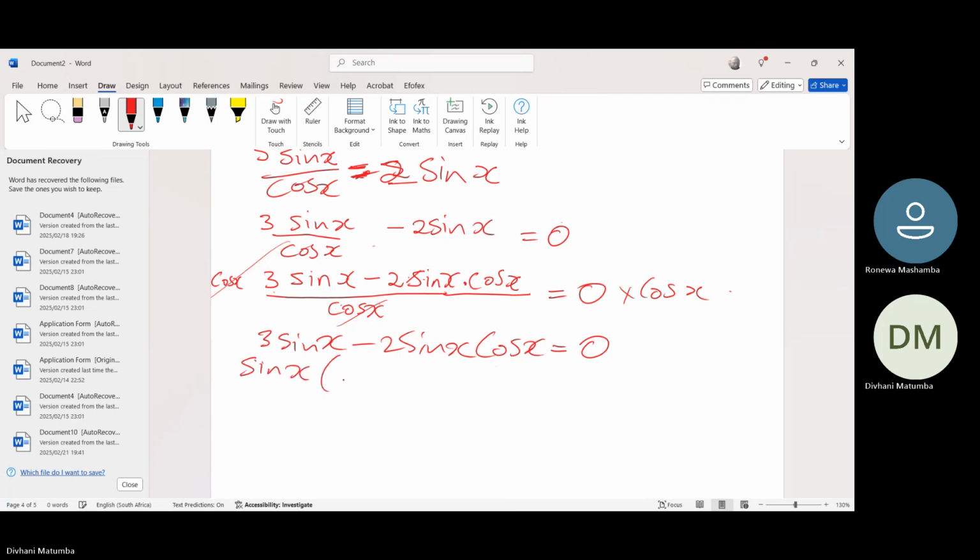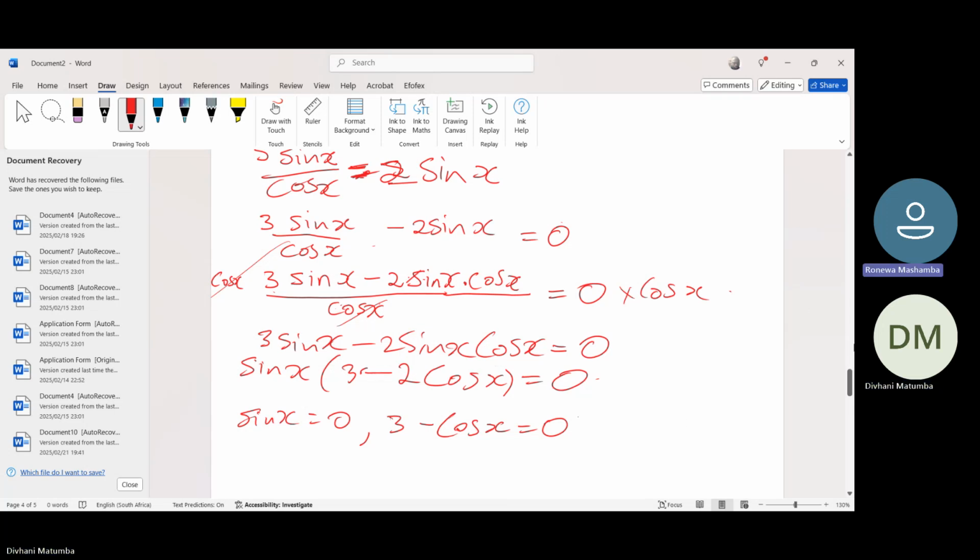No problem. 3 minus 2 cos x. Perfect. Then from here, we can say sine x is equal to 0, and then 3 minus 2 cos x is equal to 0. That's perfect.